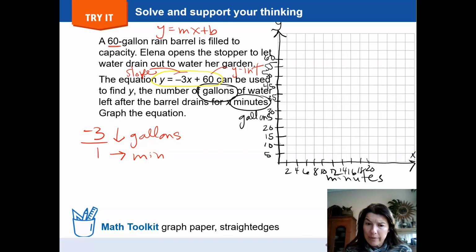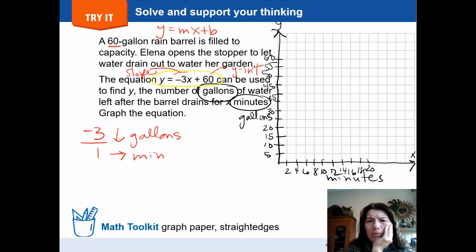I'm going to change my color for my coordinate pairs to blue. Let's graph our first point. We know our y-intercept is up at 60. Throw in a point right up there at 60, the y-intercept. Now, we're going to go down 3 gallons for every 1 minute.